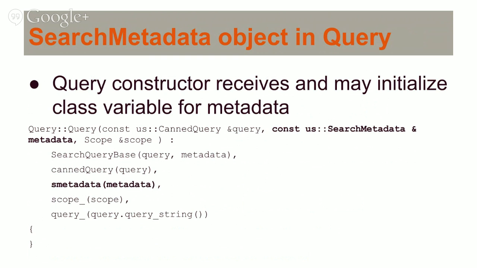Right below it, the second bold part, I'm initializing a local variable that was declared for the class in the query class header file, S metadata for search metadata, and I'm initializing it with this search metadata object. So now my query class has the S metadata, which is the search metadata object itself, and it can use it. So I think that's fairly clear.